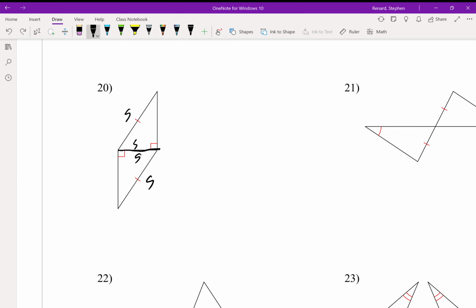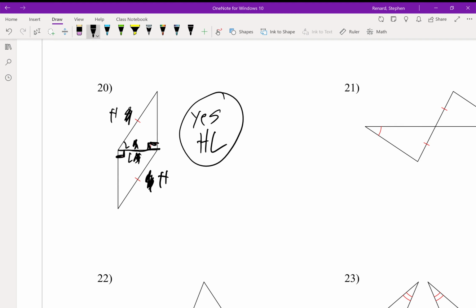Why are they special? Because this is a 90-degree angle, this just isn't any side. This is the hypotenuse, as is this. This isn't just any side, that's the leg of a right triangle. So now we have hypotenuse-leg. Hypotenuse is the long side of a right triangle. It only shows up in a right triangle.